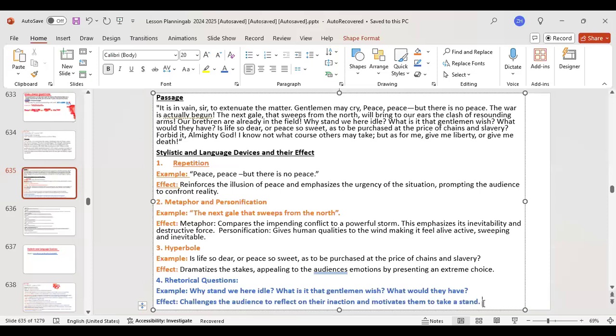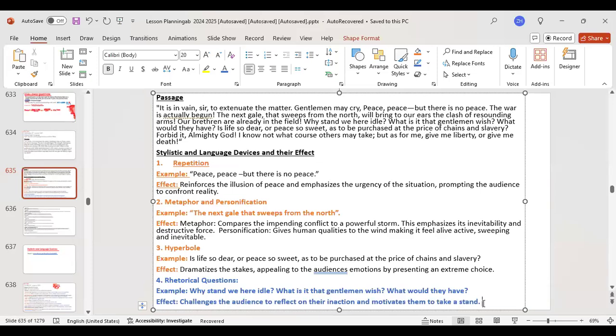The next gale that sweeps from the north will bring to our ears the clash of resounding arms. Clash of resounding arms. Was that what you were referring to? I was talking about the peace, but there is no peace. No, that's repetition.